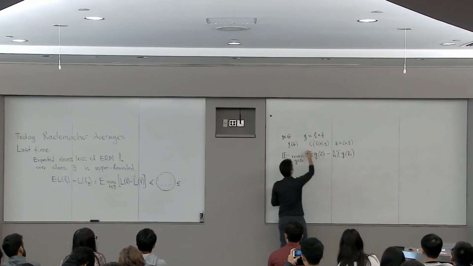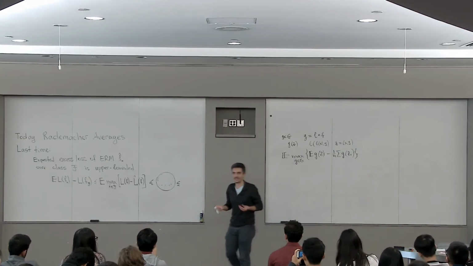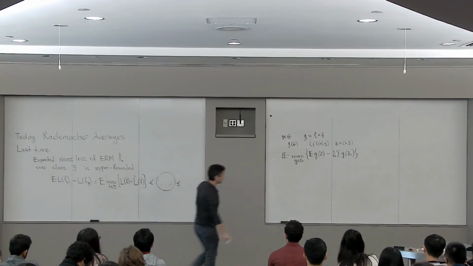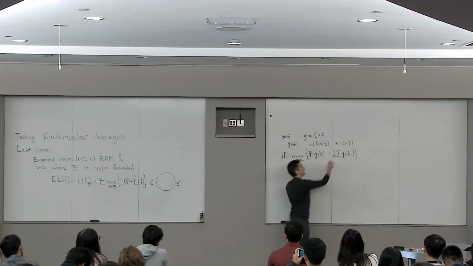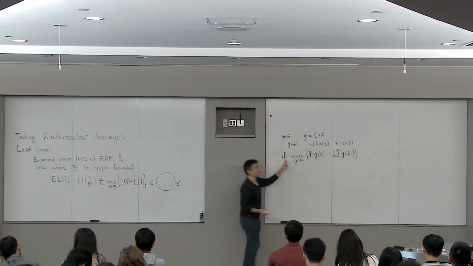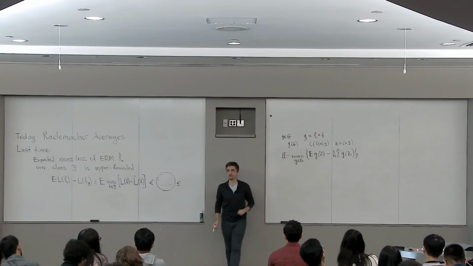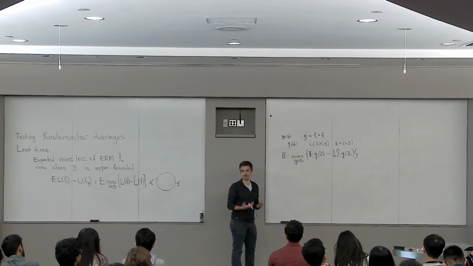So now we don't have to actually think about data anymore. It's just a collection of random variables z1 through zn, and this expectation is over z1 through zn. Everyone is okay with that? Good. Now let me visually simplify things.